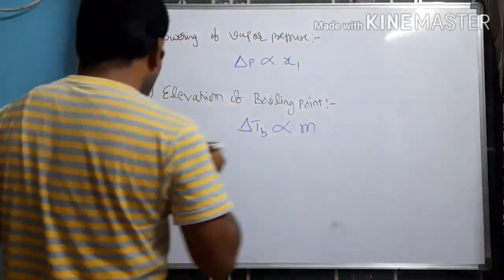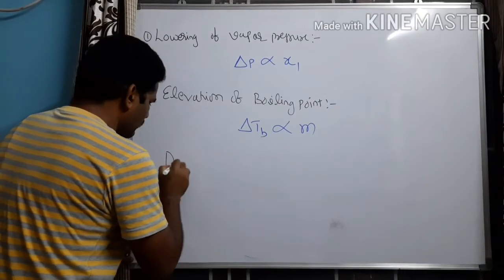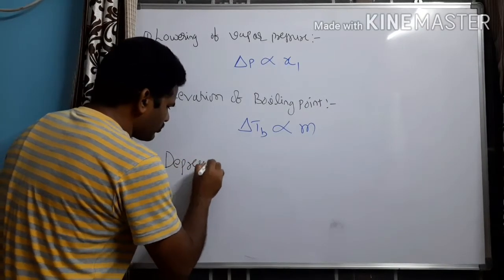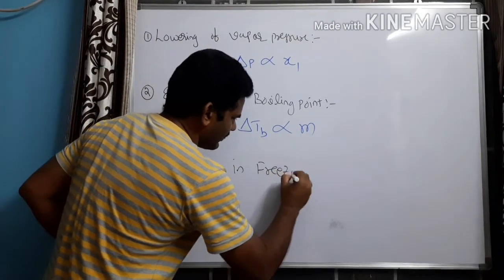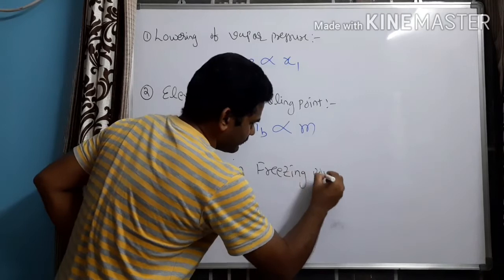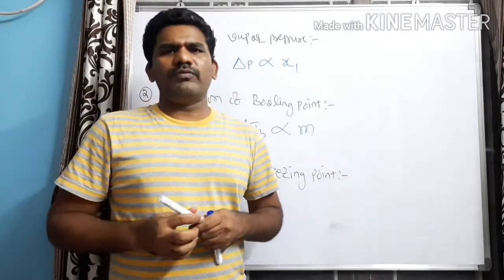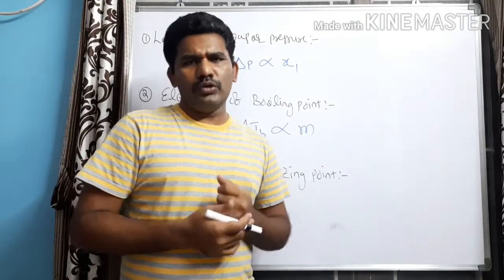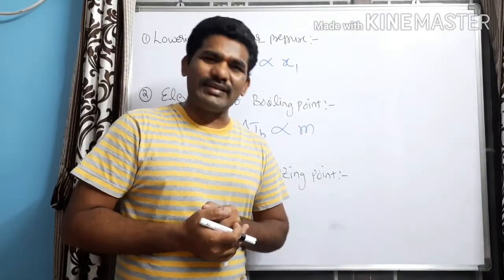Now, the third important colligative property we are going to learn is depression in freezing point. Upon addition of non-volatile solute, the freezing point also decreases.